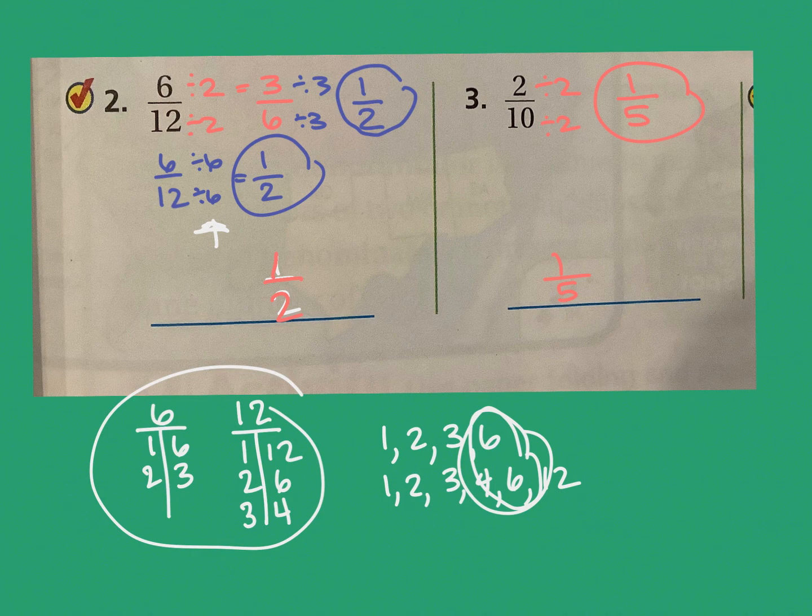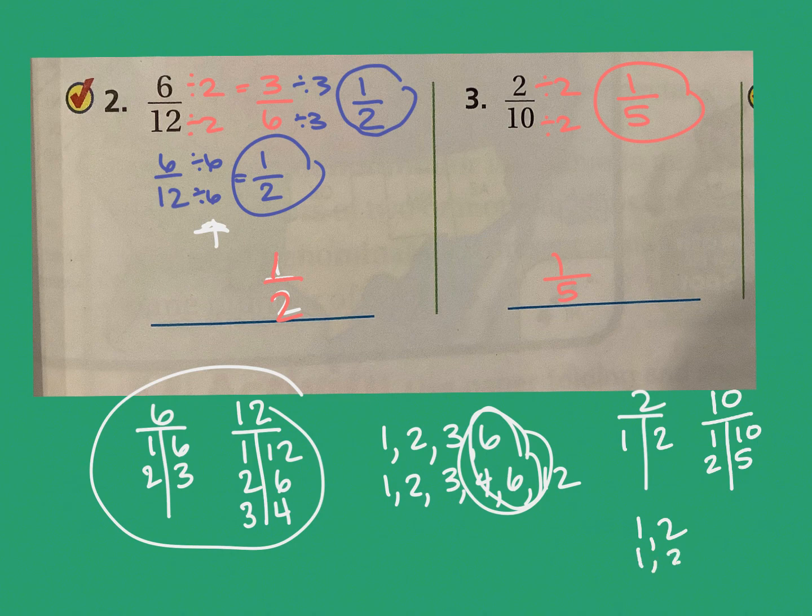If we needed to list our factors, then we will do the factors of 2 because that's our numerator, and the factors of 10 because that's our denominator. The factors of 2 are 1 times 2, and that is it. The factors of 10 are 1 times 10, 2 times 5, and that's it.